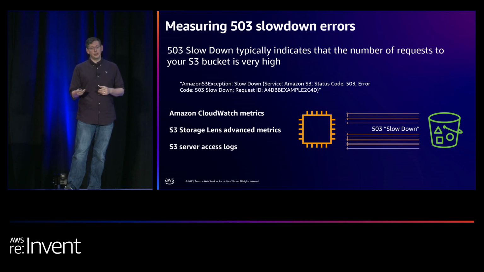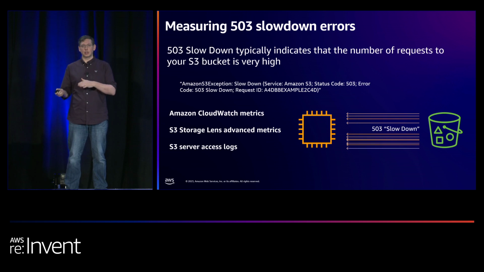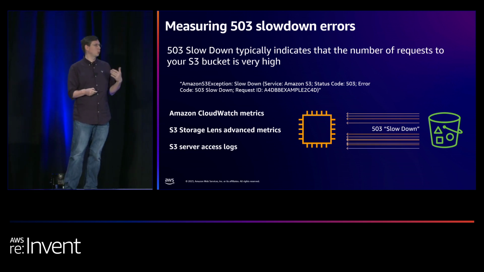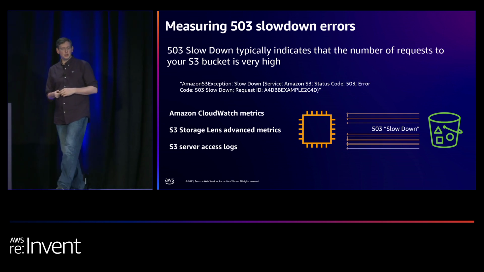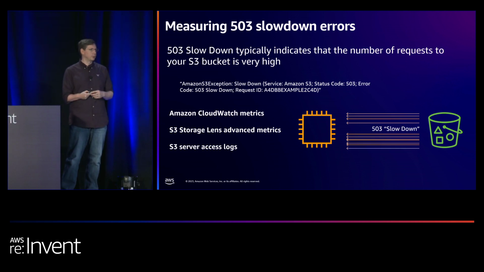And when you see these, you can use the advanced metrics and S3 Storage Lens to identify very specifically which prefixes or areas of your key space are generating those 503s. And finally, it can often be difficult to identify exactly which application or user has had this change in traffic. And there, you can use S3 server access logs to identify the specific application or user.